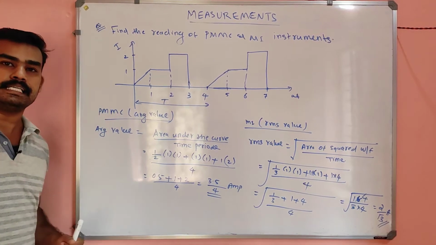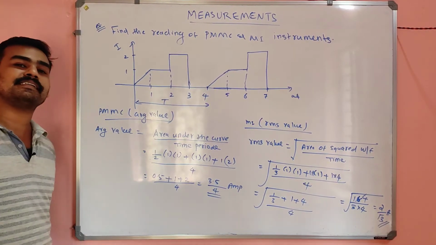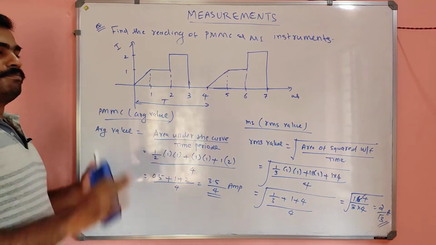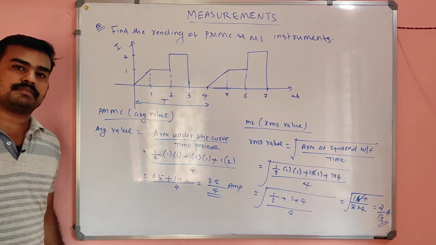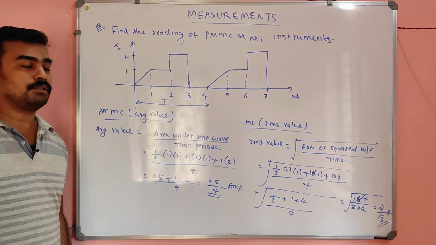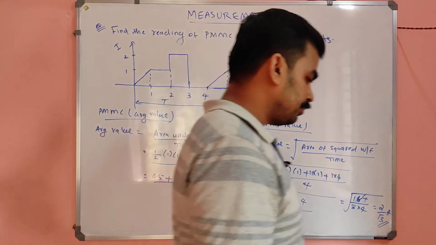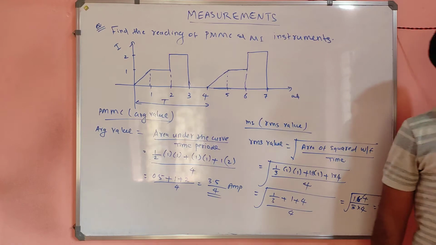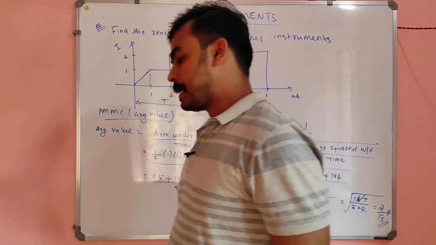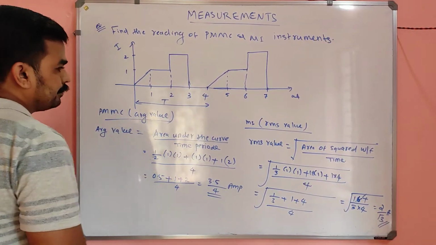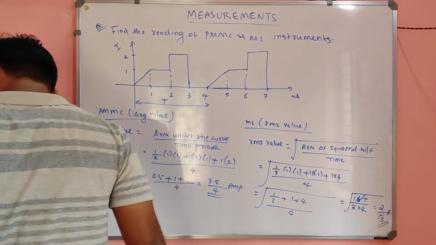It's that much easy if you really know the concept. Maximum this type of waveform you can expect for your examination, not beyond this level. Okay, focus. Can I rub this, my dears?